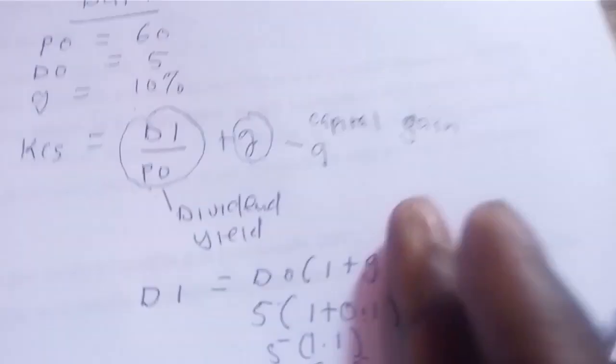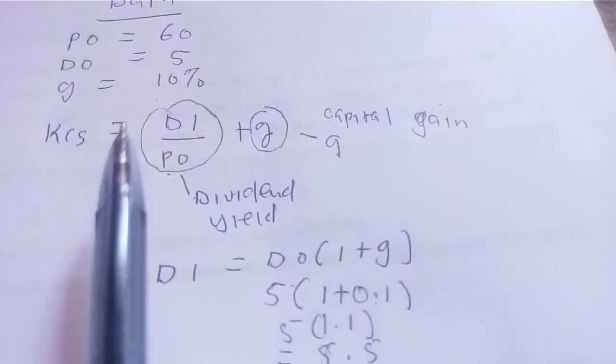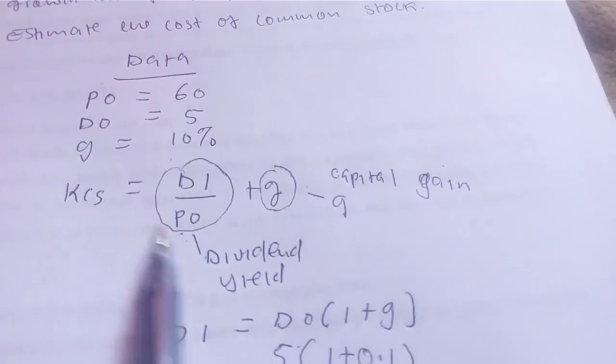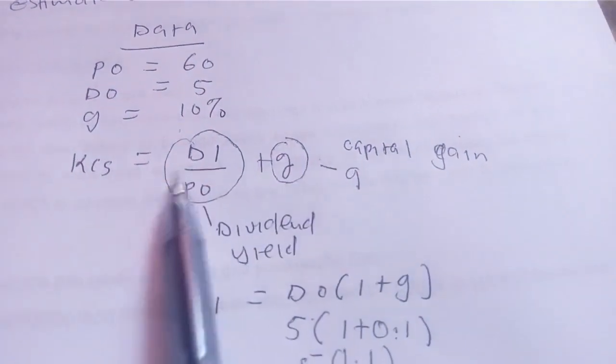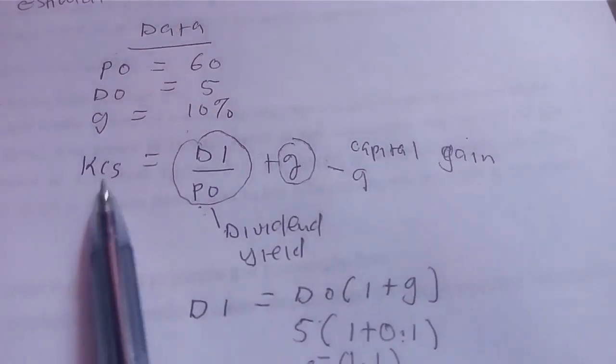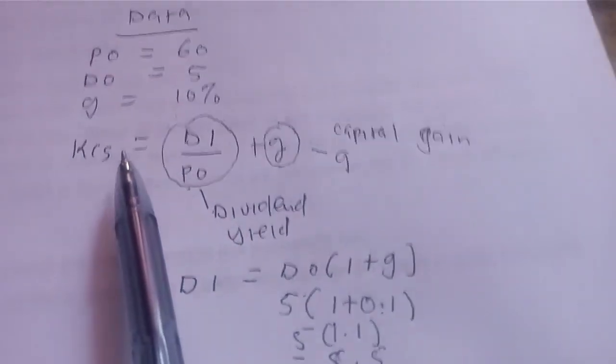Then after we find our D1, we can go back to our formula and put all these variables in to find the cost of common stock.